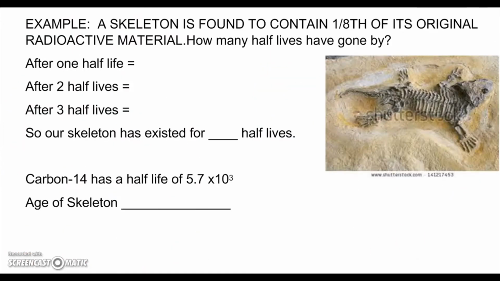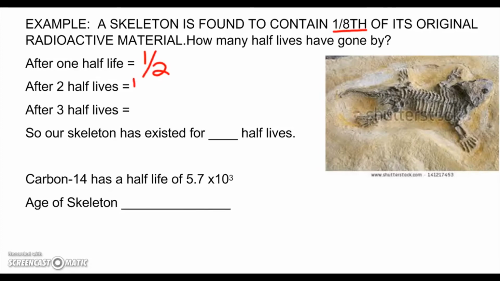Okay, if we skip down on the notes a little bit. Example. A skeleton is found to contain 1/8 of its original radioactive material. How many half-lives have gone by? So after 1 half-life, only 1/2 is still here. Okay, well, it's got 1/8, so we've got to keep going.